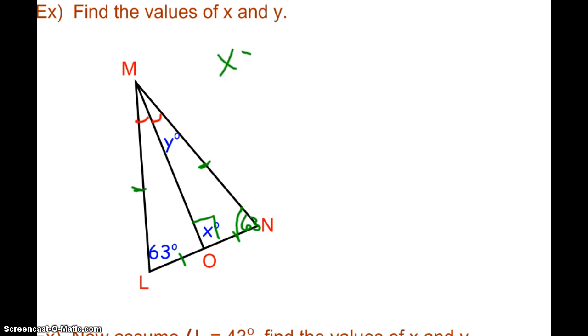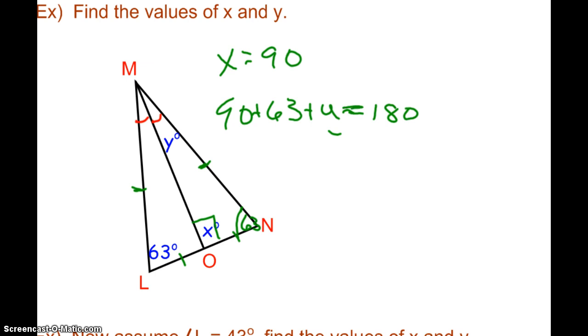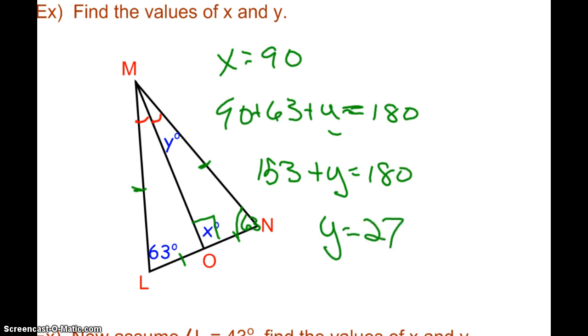We already know the value of X, it's 90. The value of Y: 90 plus 63 plus Y is equal to 180. That's 153 plus some number Y is 180. When we subtract that, you get Y is 27. So our angle up here is 27.